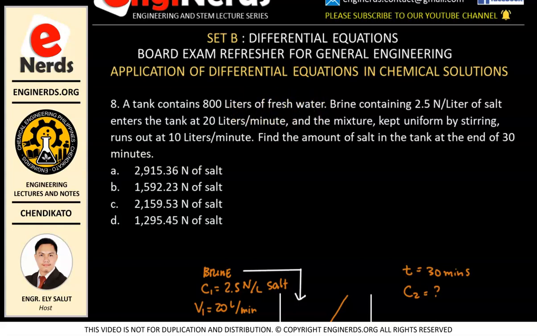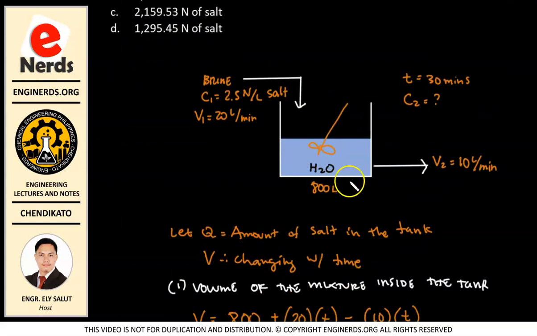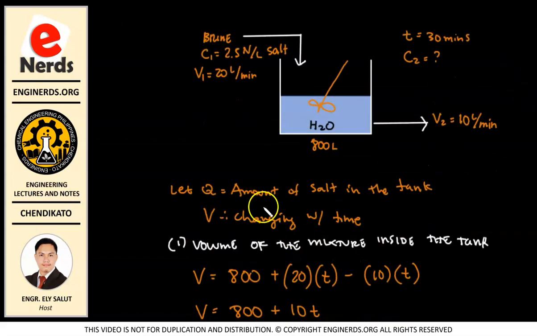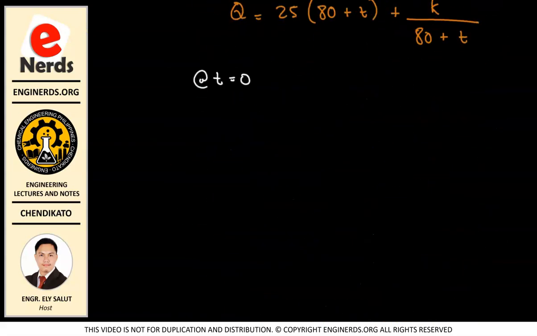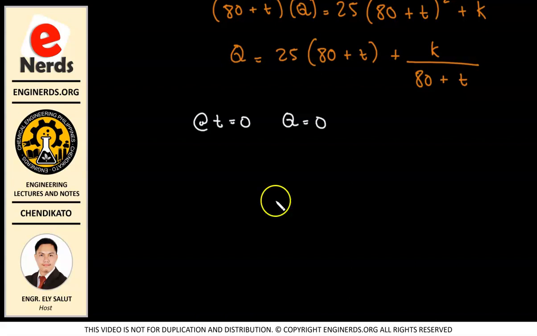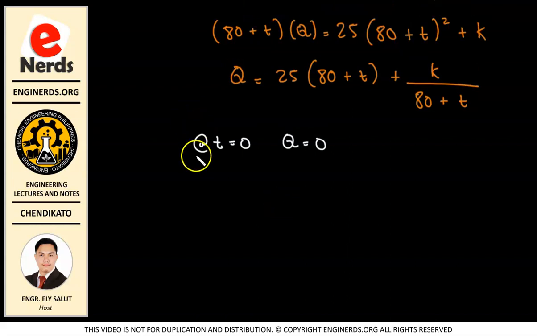Therefore, at time equal to 0, our Q, which is the amount of salt in the tank, is equal to 0. So let us substitute that value.